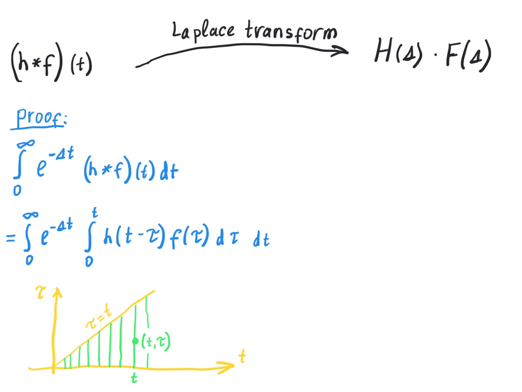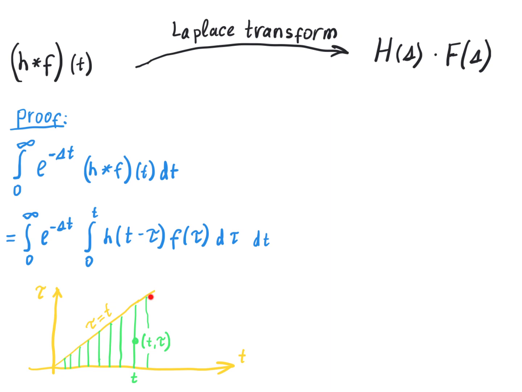Essentially, while computing this complicated integral, we are visiting every pair of t, tau values enclosed in this sector. For every pair t, tau, we compute e to minus st times h of t minus tau times f of tau, and we add them up.